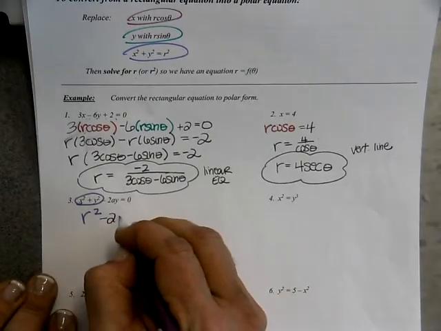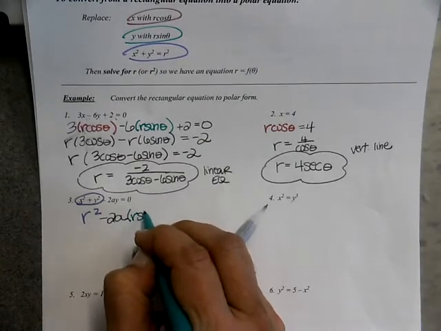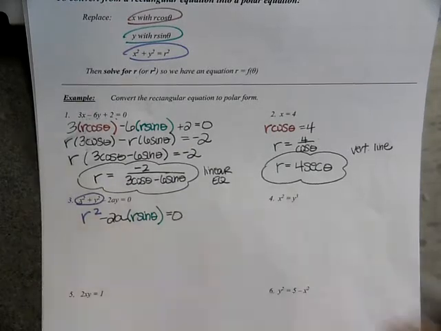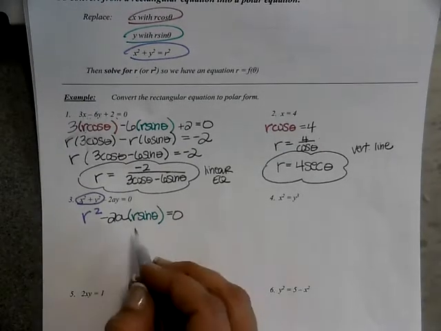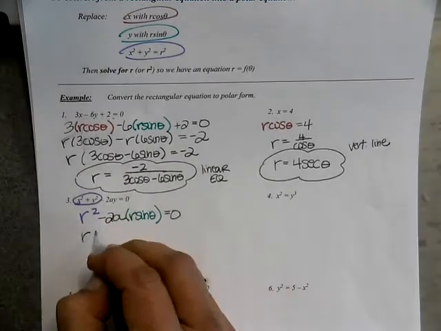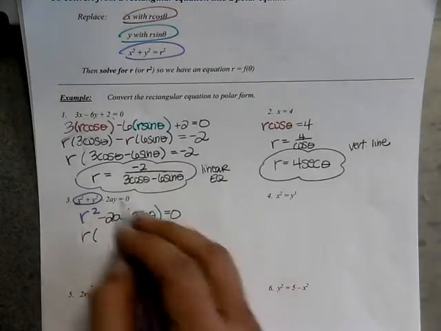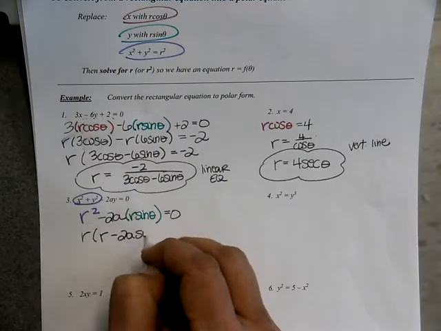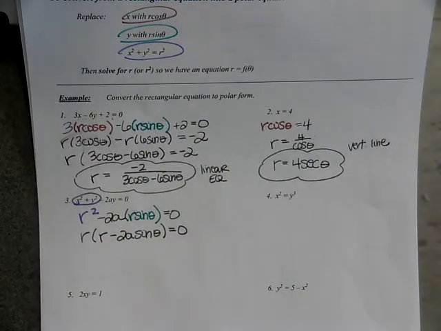And now I have minus 2a, and then in place of y, I can put the r sine theta equal 0. And so let's factor out an r. If I factor out an r, since I have 1 in each term, I have r times r minus 2a sine theta equal 0.